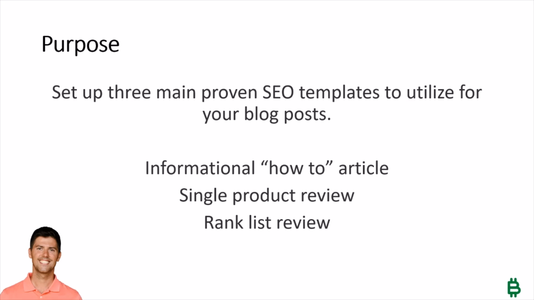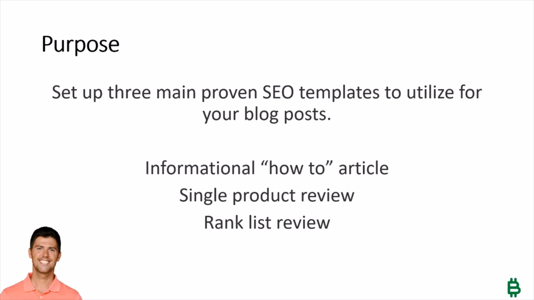I could either, 1, link them to the product itself, which would be the affiliate link, and I'd get a commission on that, or I could give them more information and send them to a single product review for that, which I give my pros and cons. I give my whole take on that specific product, and then within that page, I would direct them to the product itself and get a commission. So there's a couple different approaches we can take. I'm going to walk you through both of those.